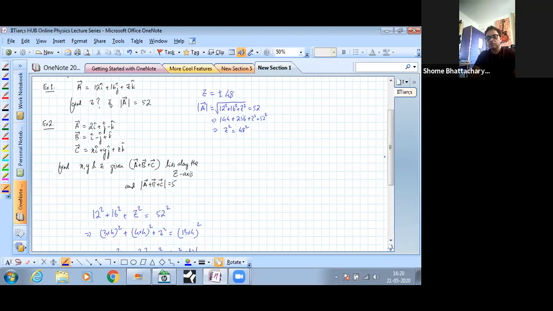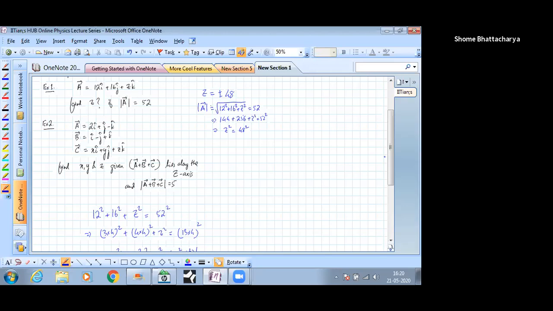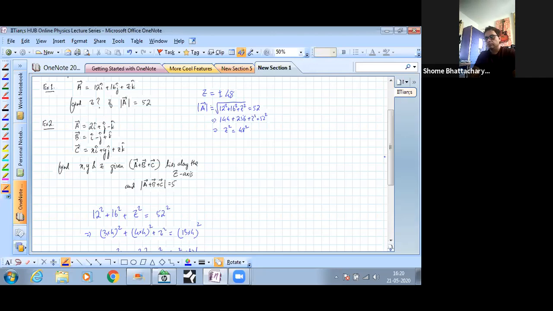Anybody got the answer? So what you do in the second one is you first calculate a plus b plus c according to the vector algebra component method, and the resultant that you get should be along the z axis.